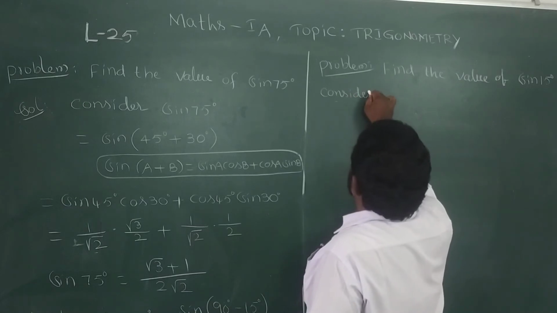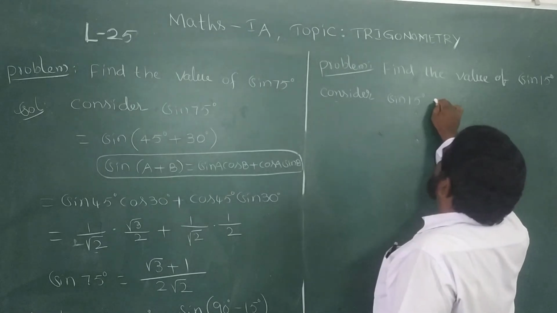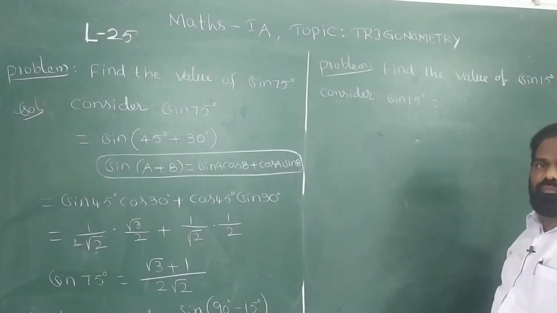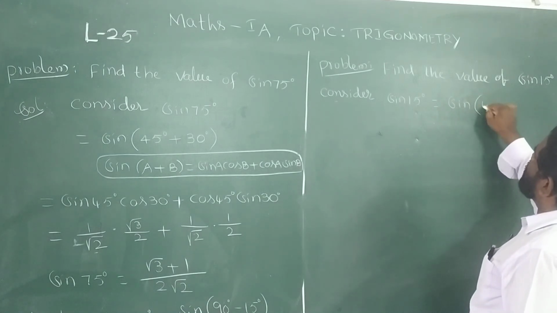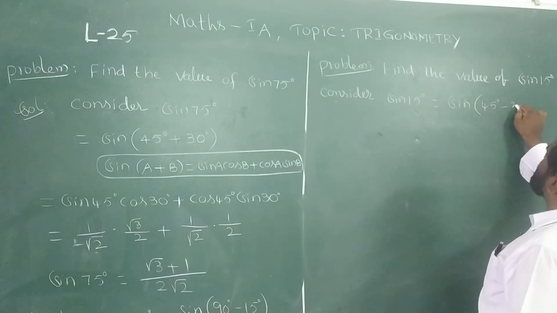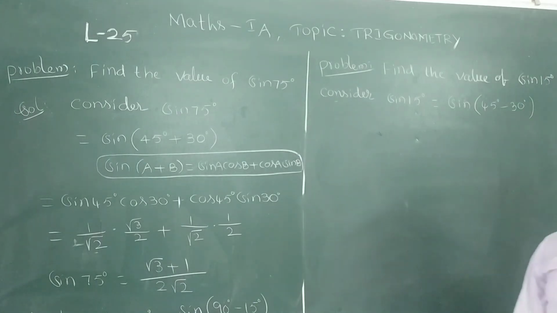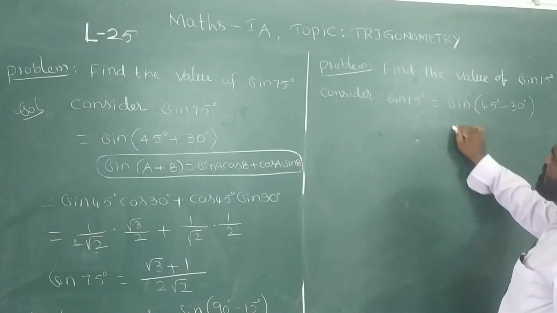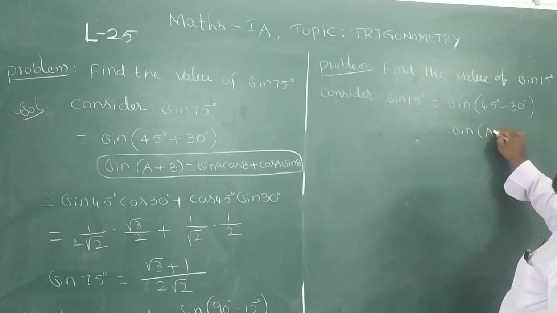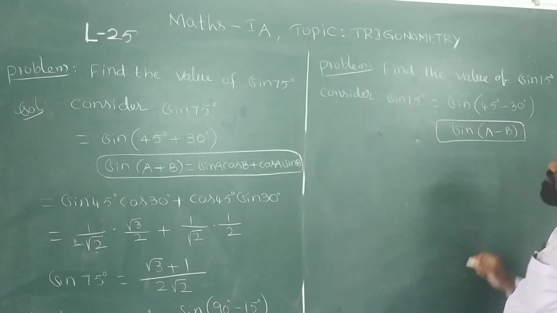Now consider sine 15 degrees. Sine 15 degrees can be written as sine of 45 degrees minus 30 degrees. 45 minus 30, how much? 15 degrees. Understand? This is in the form of sine of a minus b.